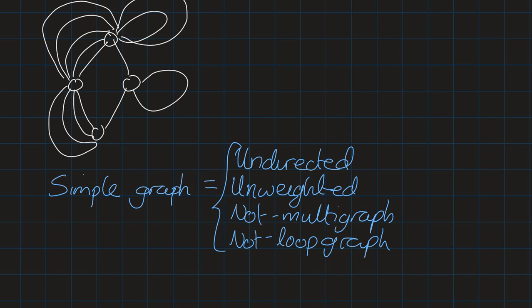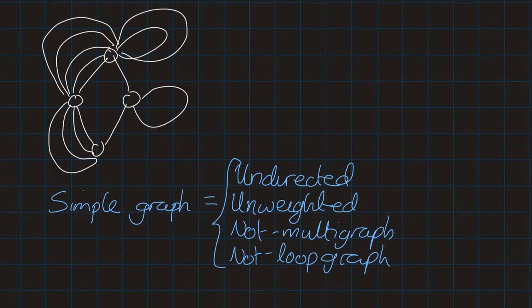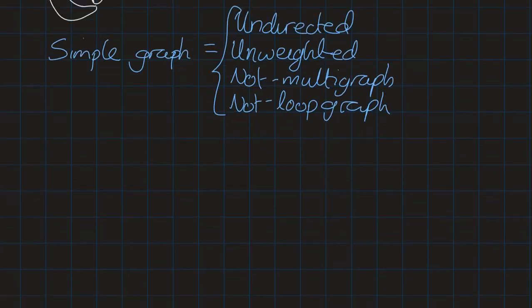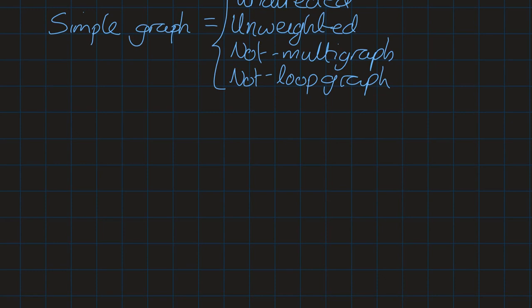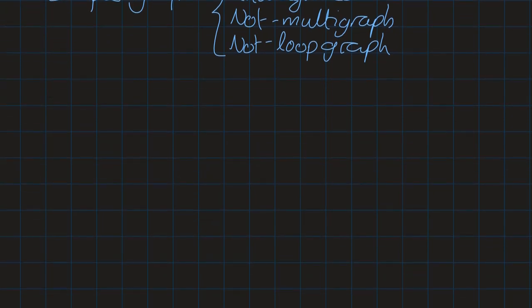This is a simple graph, okay? So for example, this graph I drew right here is not simple because it has some loops like here, and it has multi-edges here. So this is not a simple graph. Okay, so let's try and classify simple graphs.